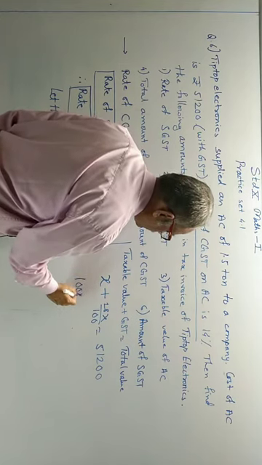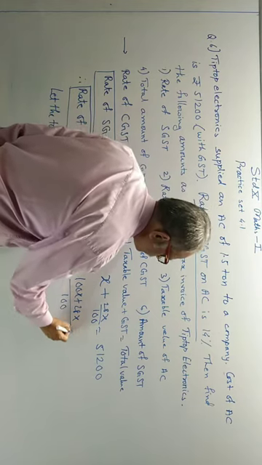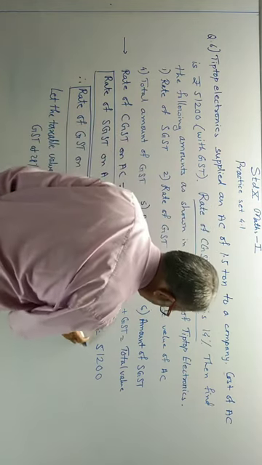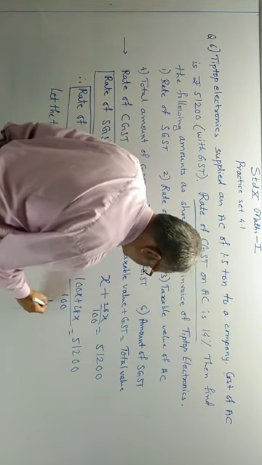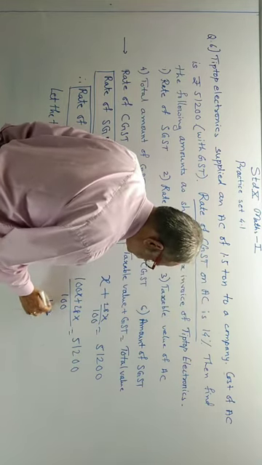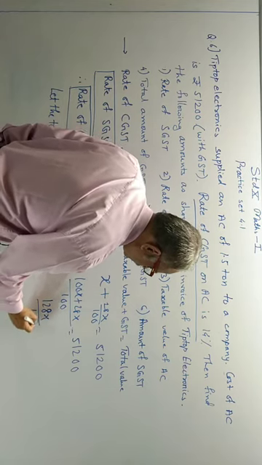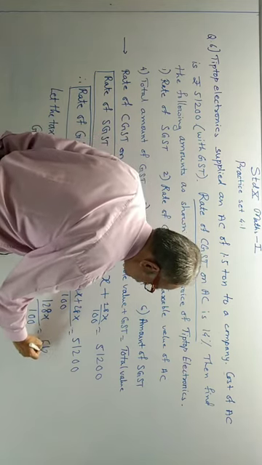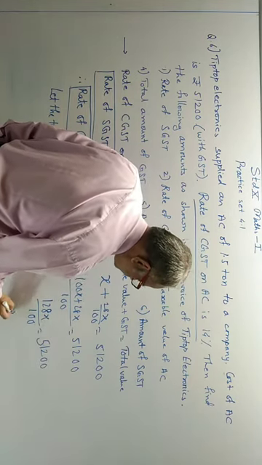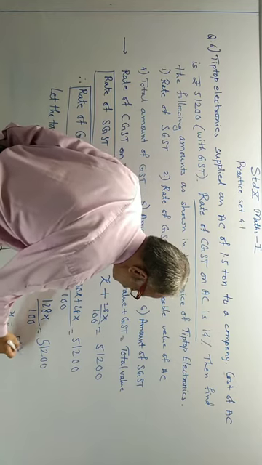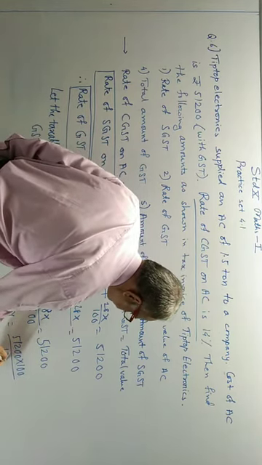Then take LCM. 100X plus 28X upon 100 is equal to 51200. 128X upon 100 is equal to 51200. Therefore X is 51200 into 100 upon 128.